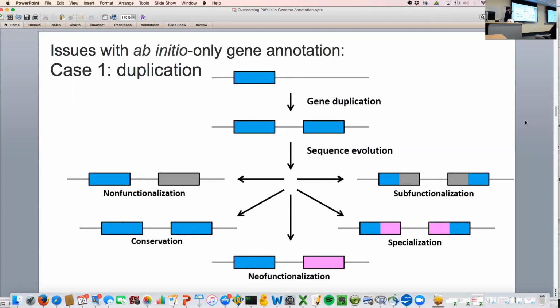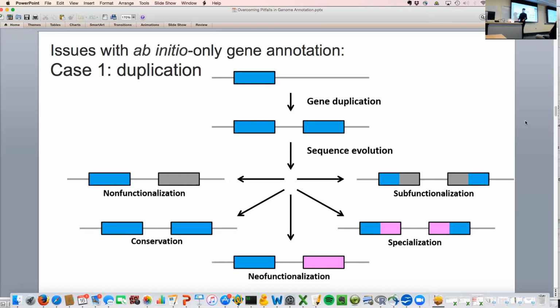So one is if you have a gene duplication. As you can probably guess, if you have a gene that's duplicated and now you have two copies of the gene, several things can happen. One of the duplicates can take on a brand new function. Different exons can sub-functionalize, where parts of it take on new functions and parts of it stay the same. They can specialize in different ways based on selection.